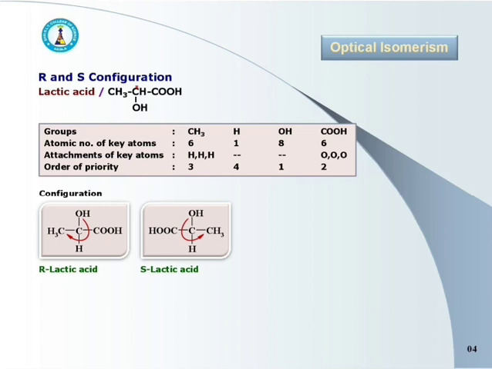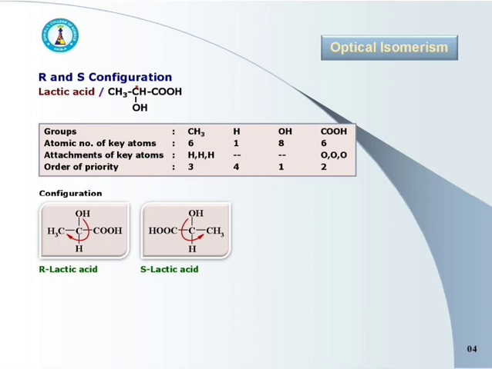In the first structure, the lowest priority group hydrogen is at the bottom, and if we view the molecule from the side opposite to the lowest priority group, the priority of the other groups decreases in the clockwise direction, and hence it is the R isomer, the R lactic acid.